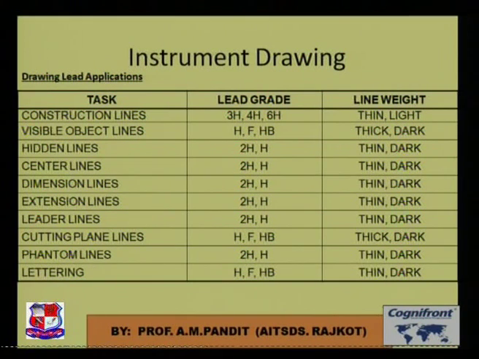Now here is the drawing lead application as per the lead grade. We can draw construction lines using 3H, 4H or 6H pencil. Those line weights would be thin and light. If we want to draw a visible object line, that is our main line, then we can draw using H, and it would be thick and dark.